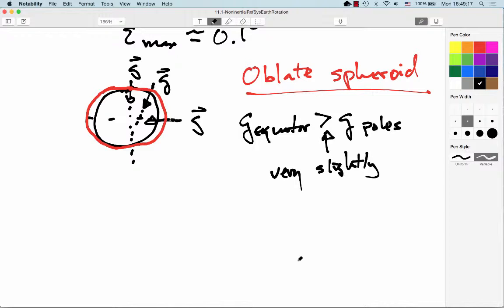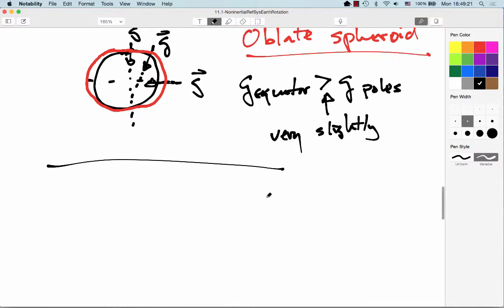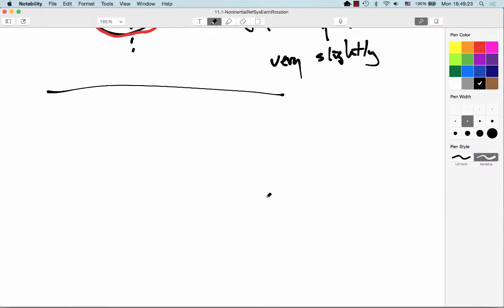Okay, so with that as prologue, we've taken a look at the static case. Now let's go ahead and look at projectile motion.